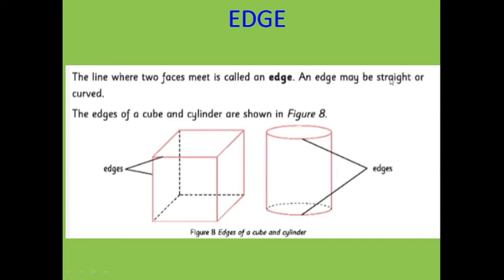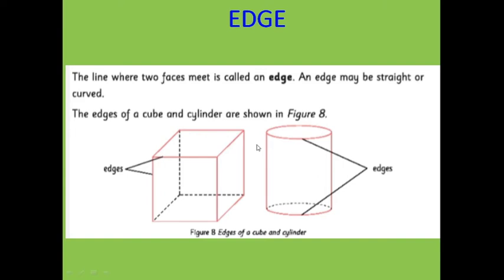An edge may be straight or curved. The edge can be sharp or it can be a curved edge also. Here this is a curved edge. Here they have shown the edge of a cube and a cylinder.